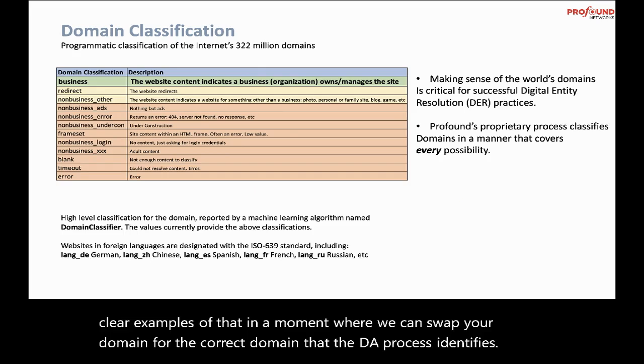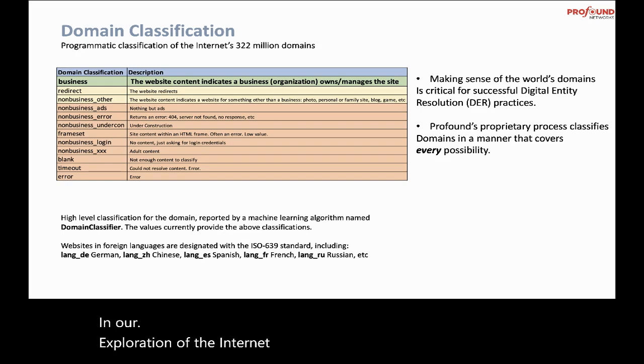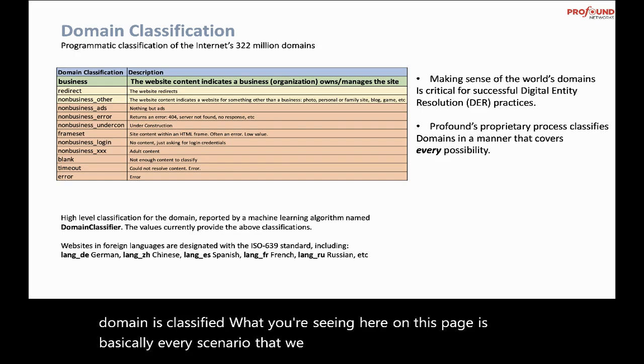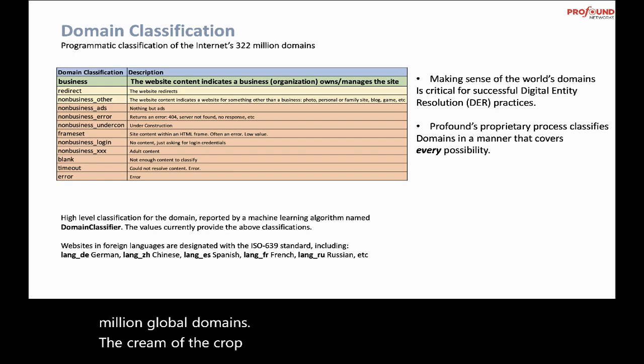In our exploration of the internet, we encounter various scenarios where a domain is classified. What you're seeing here on this page is basically every scenario that we encounter when we analyze our 324 million global domains. The cream of the crop, of course, in the B2B space are the business domains.